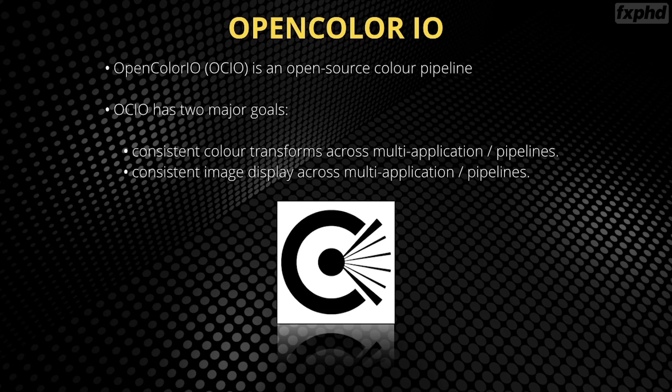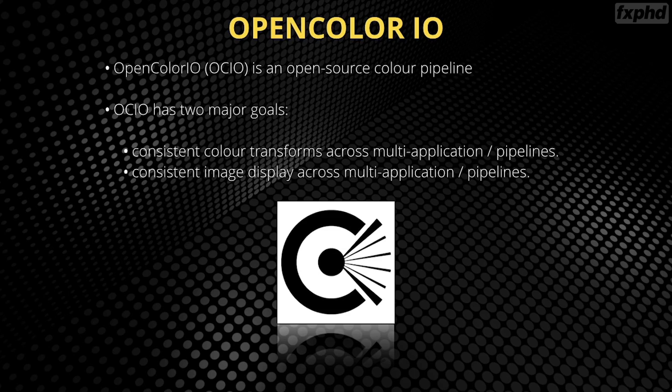So obviously we want to make sure that when we are in Nuke and in Maya and in Katana and we're looking at our image and we're saying that we have this LUT on, that LUT is going to look the same across all the programs. There's no point in putting one LUT on Maya and then having, say, a Foundry LUT that we think should be the same but is actually slightly different.